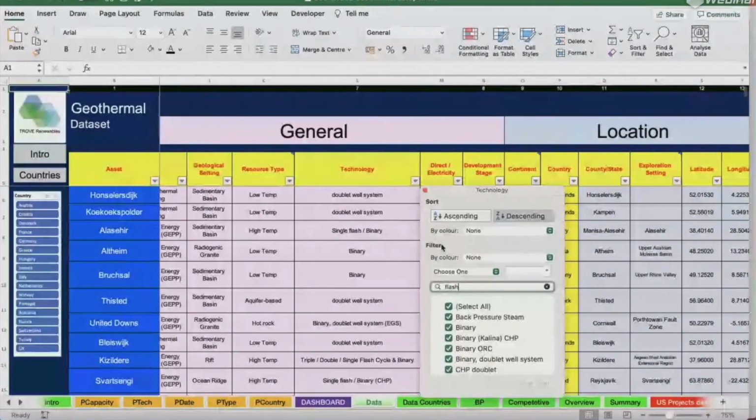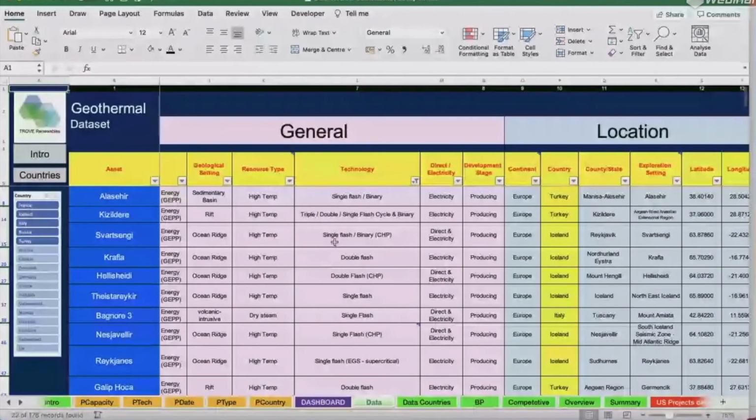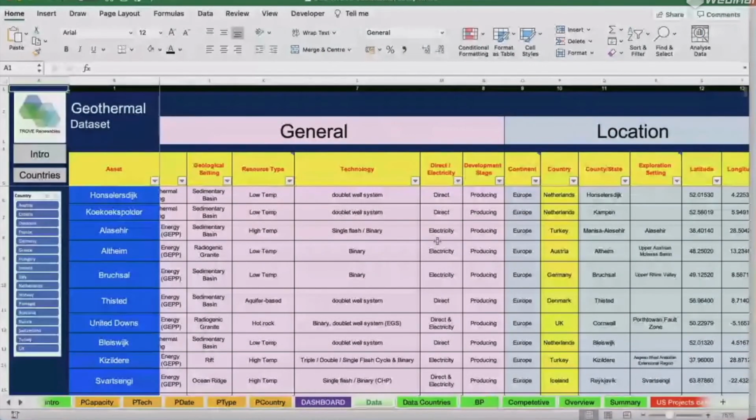Because it's Excel, you can search and filter it any which way you like. So here I've just typed in flash under technology, and so all the technologies that include flashing have now been filtered, and you can see it's just from these 5 countries that technology is employed. I'll just clear the filter again.